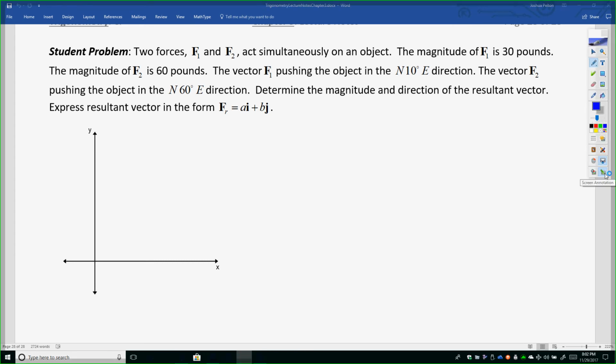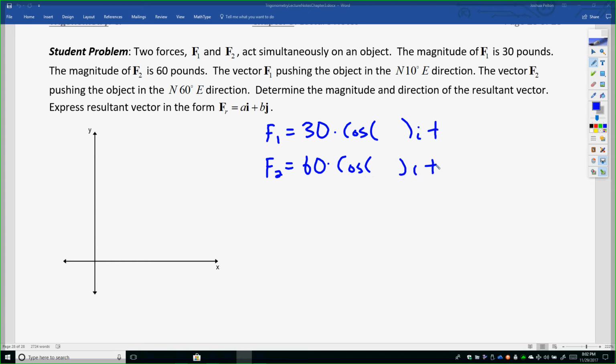Okay, for the student problem, again, we have two forces, force 1 and force 2. Force 1 is 30 pounds, force 2 is 60 pounds. So we have cosine of an angle, i, and then 30 and 60 again, sine of an angle. Okay, now we'll figure out our angles. So the first one is north by 10 degrees east, so it's a little sliver there.